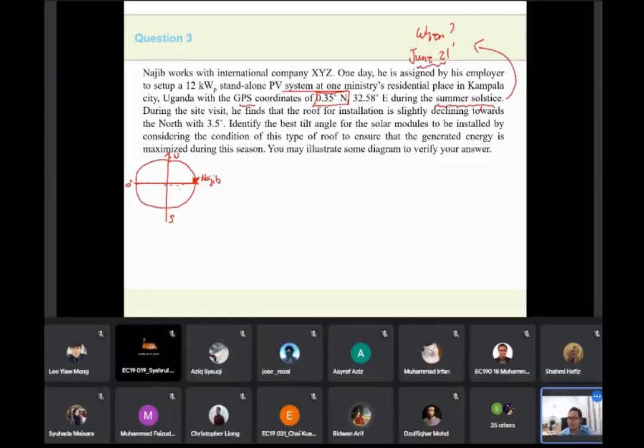To the north. Okay, north. I put 23.45 here, right? So this is the location of the sun, 23.45 north, summer solstice.